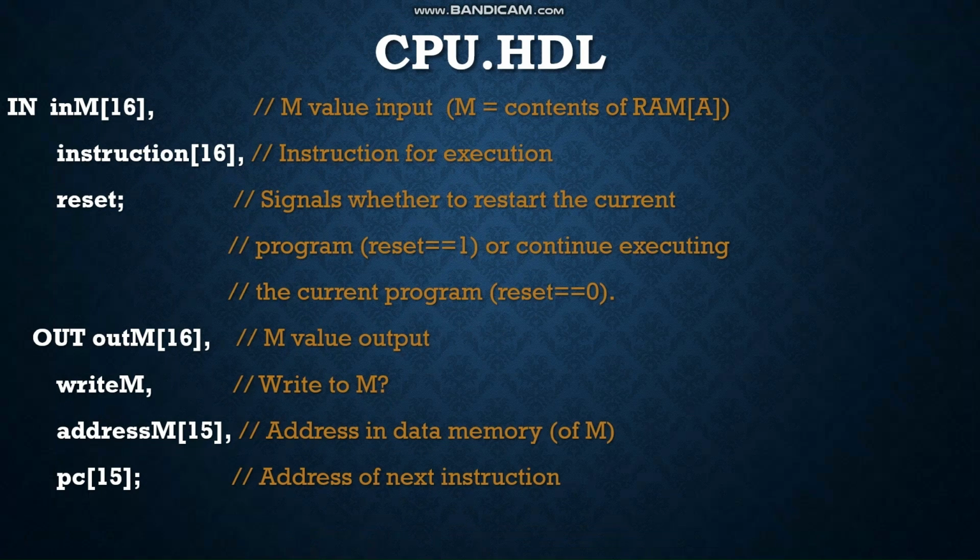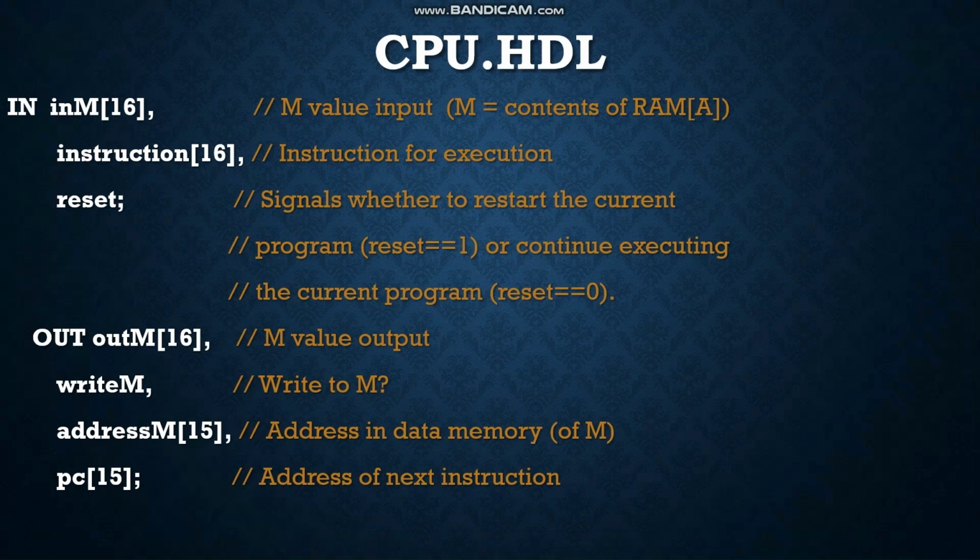So if you see this code line by line, the IN part of the code, the input, this line declares the input pins of the chip. First one is this 16-bit input from memory, the second one is the 16-bit instruction input, and the third one is the reset signal, whether to restart the program or continue executing the current program based on the conditions.